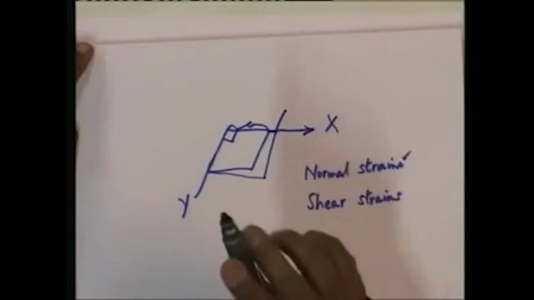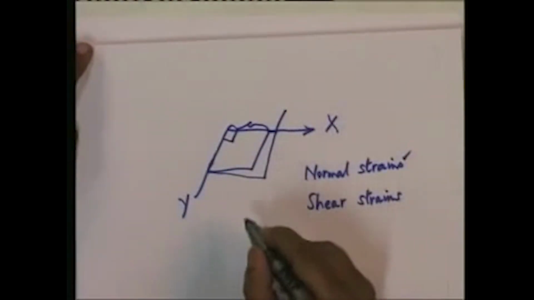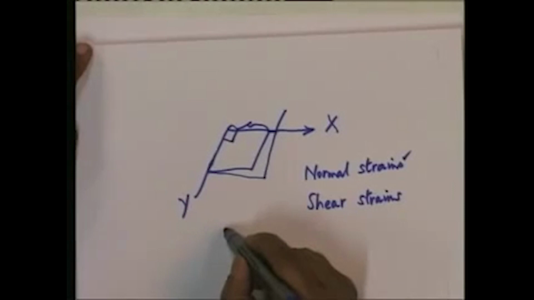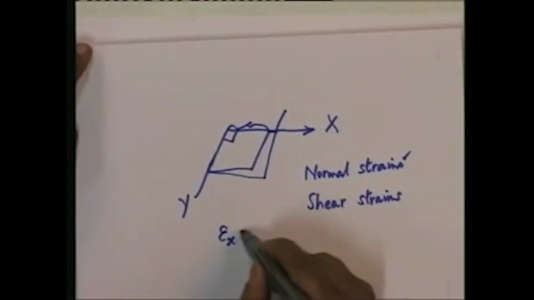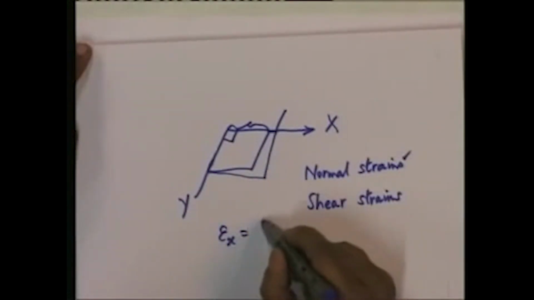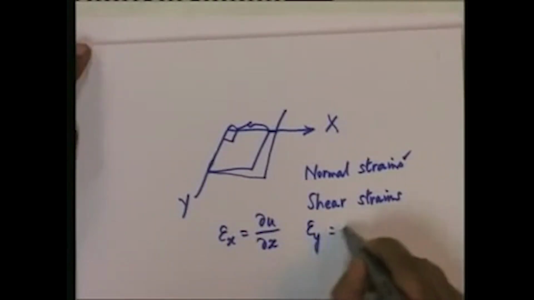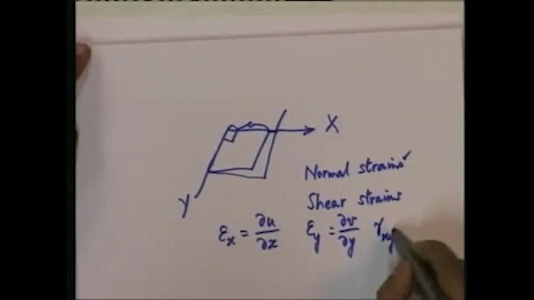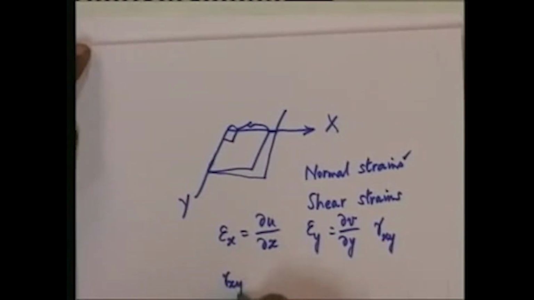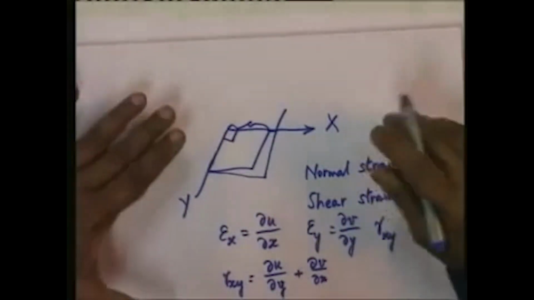For example, for one plane x y, the normal strains will be one in the x direction, that is epsilon x equal to del u by del x, another in the y direction, that is epsilon y equal to del v by del y, and third one is the shear strain. The shear strain gamma x y is del u by del y plus del v by del x.